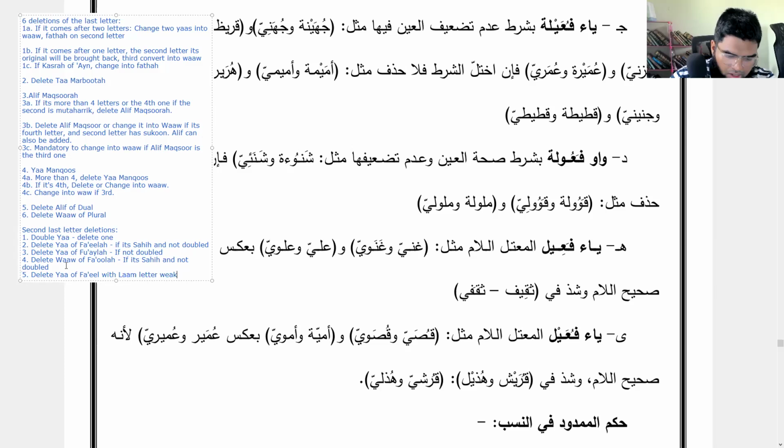ربيع فعيل. So ربيعي بعكس ربيعي لأنه صحيح لا. See ربيع, the last letter is correct, so you say ربيعي. But Ali, the last is ya. غني, last is ya. And ثقيف, literally it should have been ثقيفي, but it's an exception.